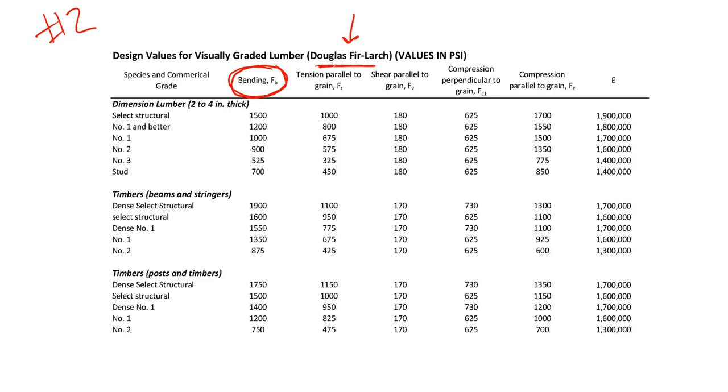But no, in the real world, you'd actually have to find the specific table for your species. Next thing we do is we break it down into the different classifications. So we've got dimension lumber, we've got beams and stringers, that's the horizontal elements, and we've also got posts and timber. Those are the larger vertical elements.